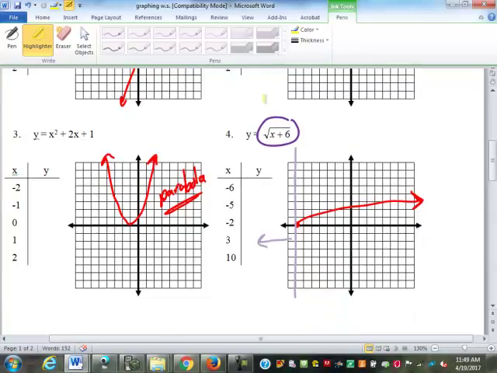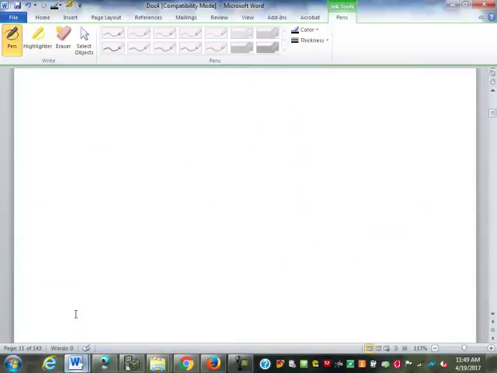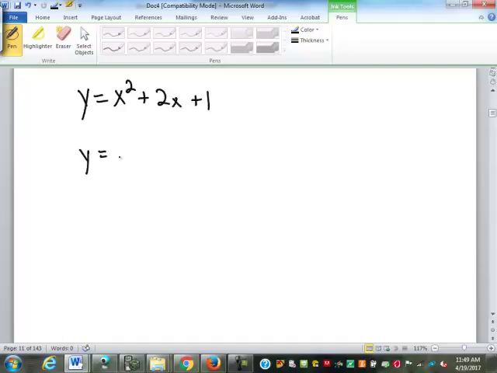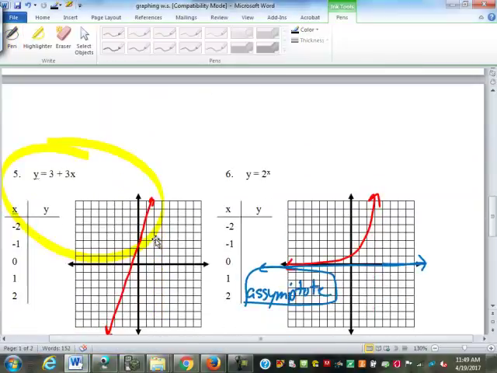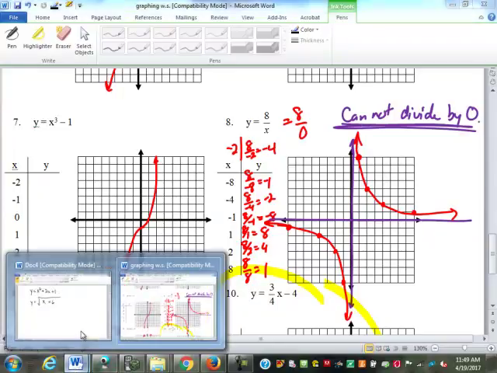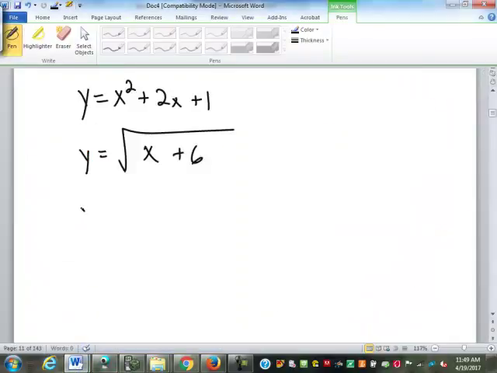Looking at those equations, I have y equals x squared plus 2x. I'm going to list them out over here. x squared plus 2x plus 1. y equals the square root of x plus 6. y equals 2 to the x. y equals x to the third minus 1. y equals 8 over x.